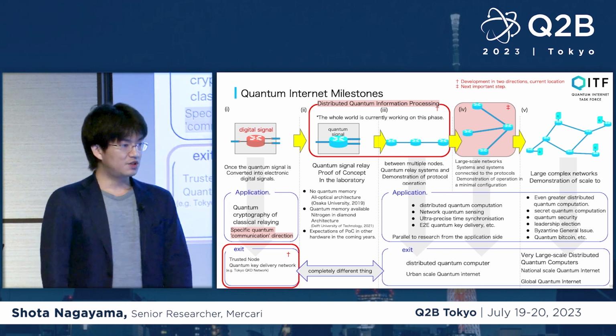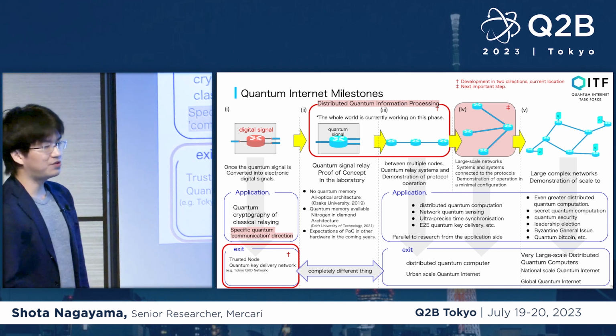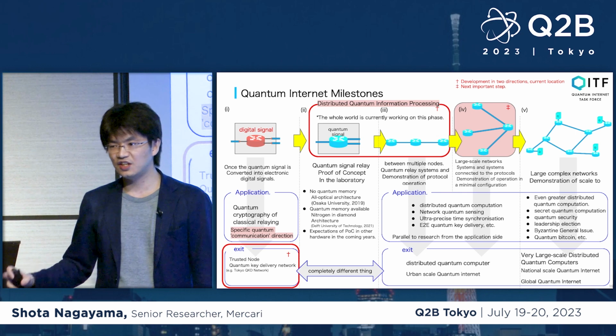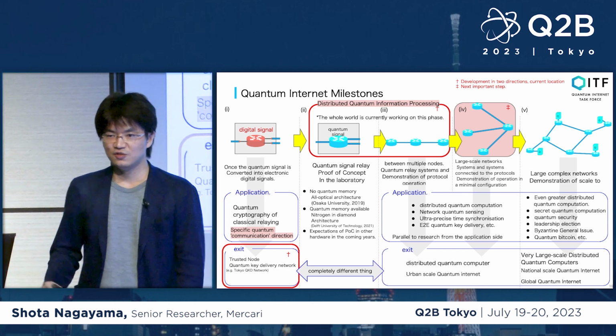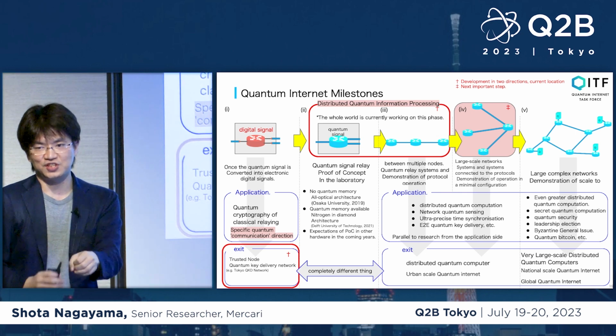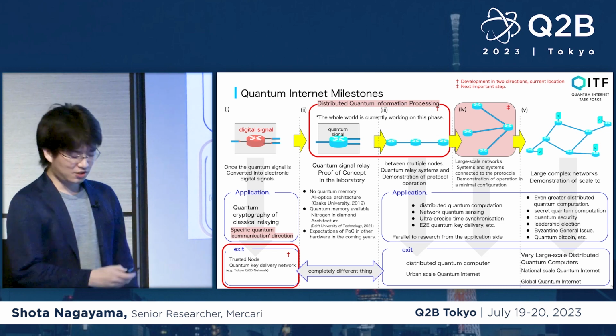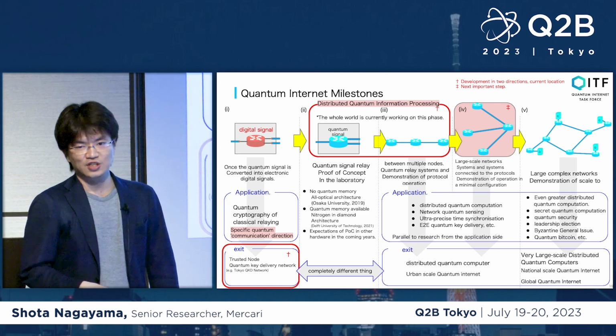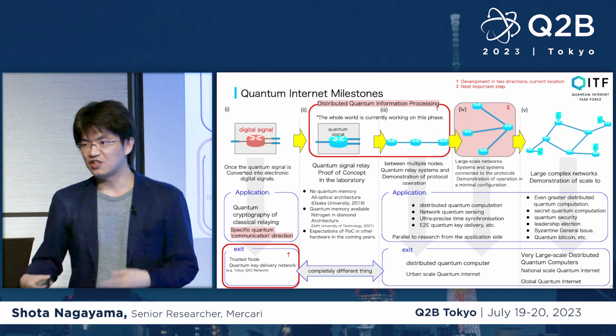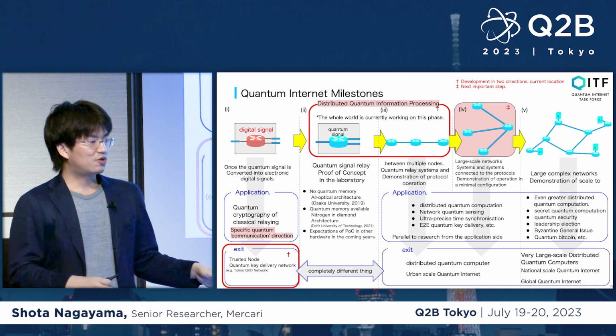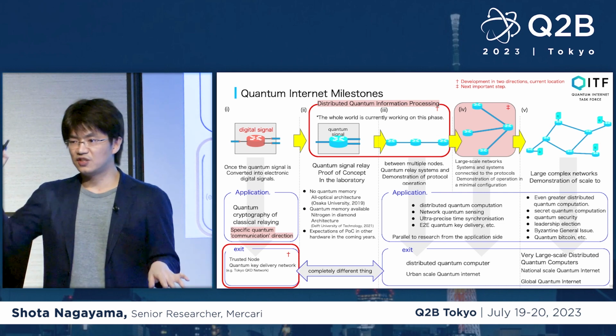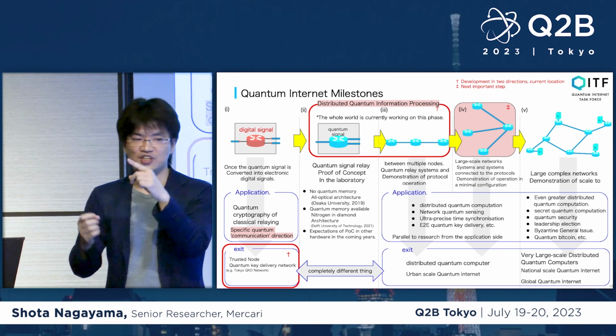So, quantum internet milestones. First, quantum signals are transmitted into fiber. That was possible. The single photon is encoded and transmitted, but relaying and communicating the quantum signal is the challenge.